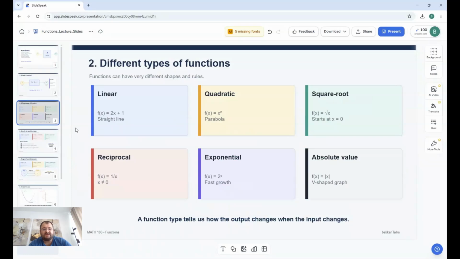You have polynomial functions like x squared, x cubed, x to the power of 4, etc., which are parabola-type functions. And you have square root functions, and 1 over x functions for the reciprocal ones. Of course x cannot be zero. You have exponential functions, 2 to the power of x, and also exponential decay functions, for example 1 over 2 to the power of x.